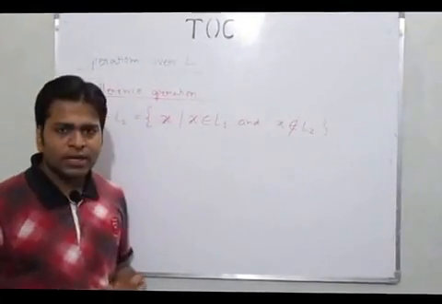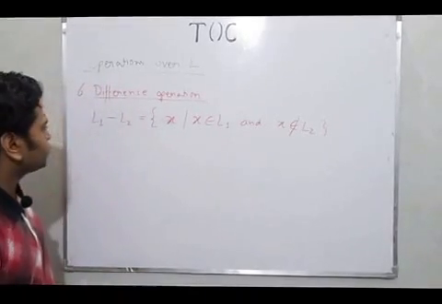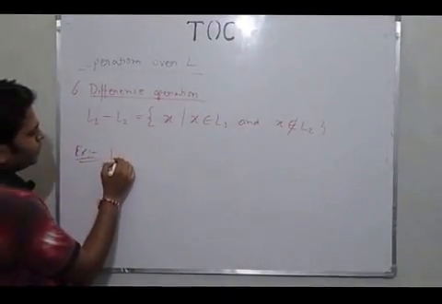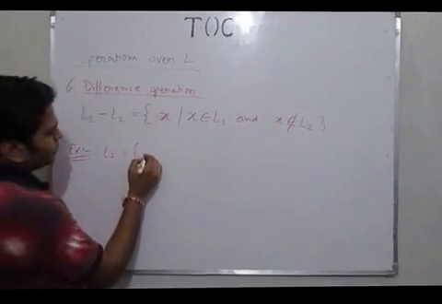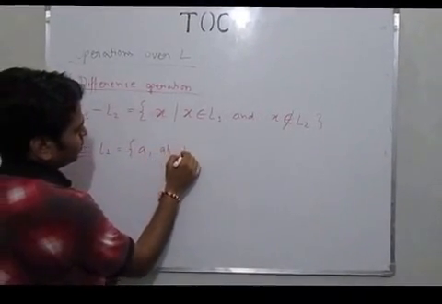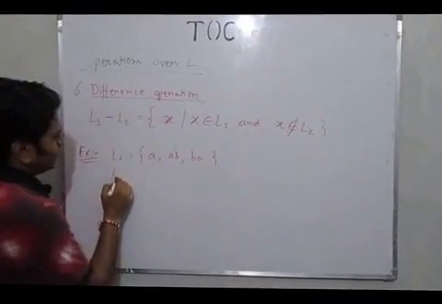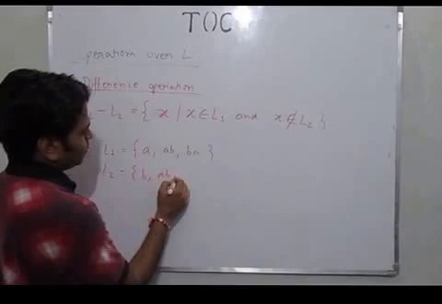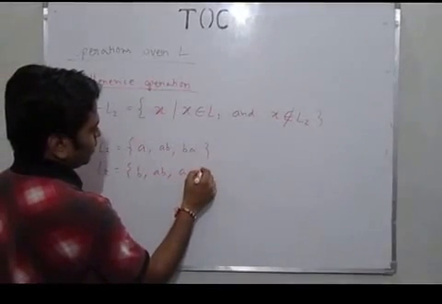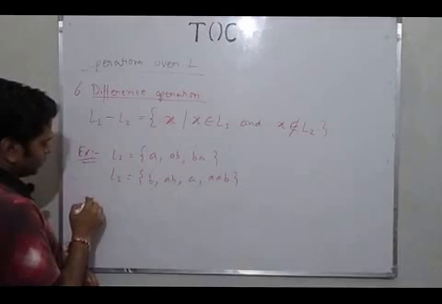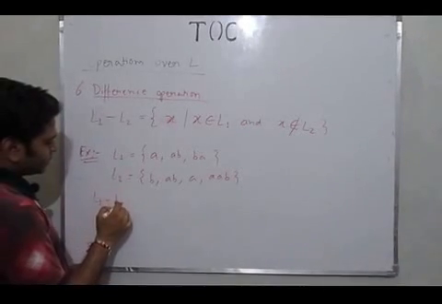So let us take an example to understand this operation. Let us have a language L1 as A, AB, BA, and L2 as B, AB, A, AAB, something like this. So what would be the operation L1 minus L2?